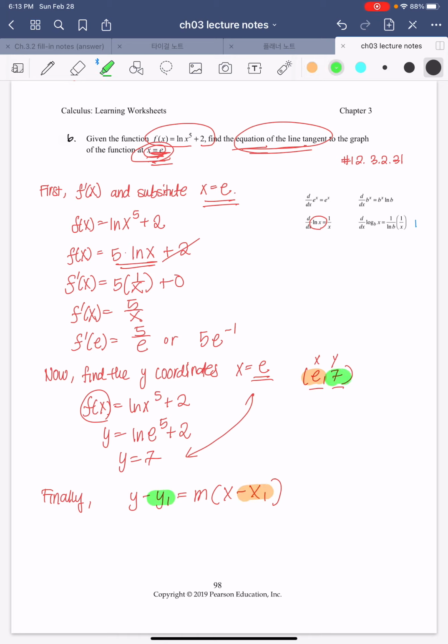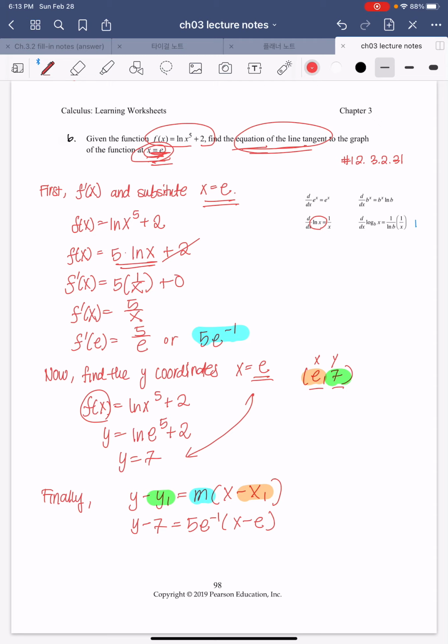And then we have a slope. What was our slope value? That's our first step right here. Okay, so plug in all these values. I have y minus 7 equals 5e raised to the negative 1, times x minus e.